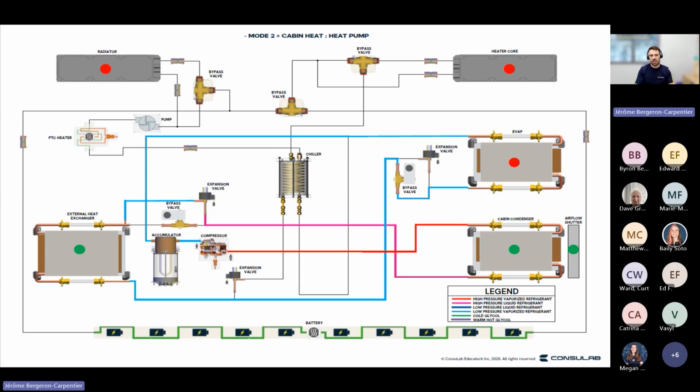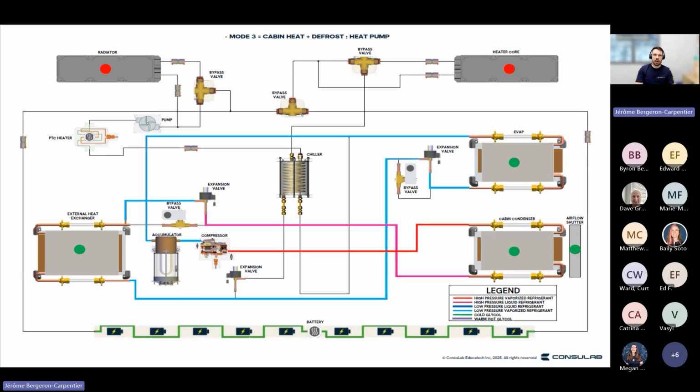Having a bigger heat exchanger can be beneficial to capture heat. At a certain point, there's not going to be enough heat to be captured, and then we can rely on another system. But that's just flipping the system around, and that is the beauty of the heat pump.